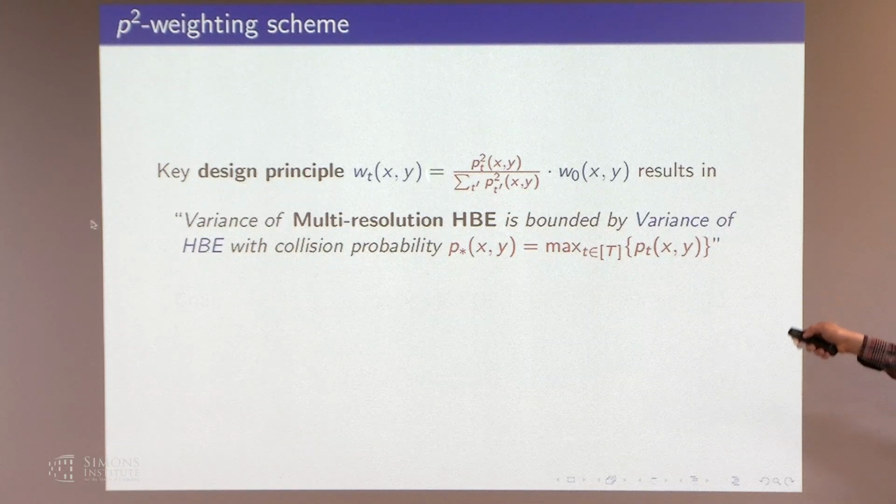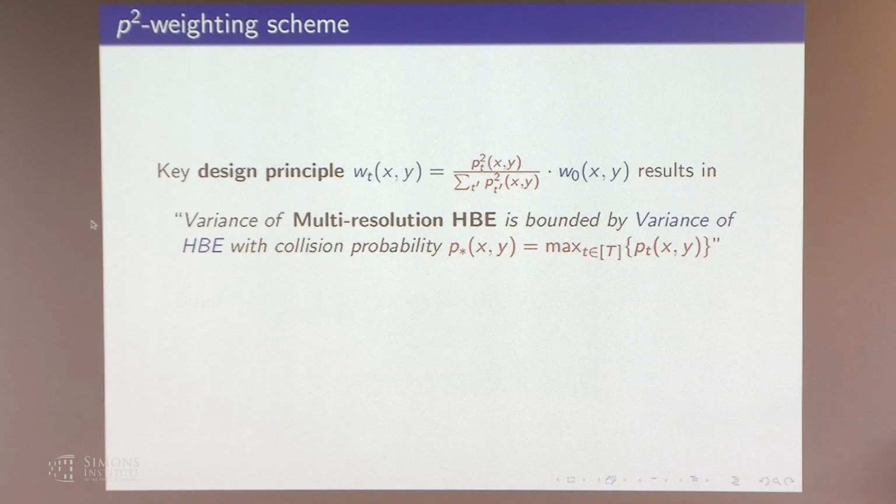The portion that's allocated to the tth hash family is proportional to the square of the collision probability for the tth hash family.